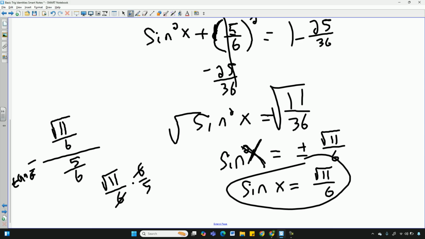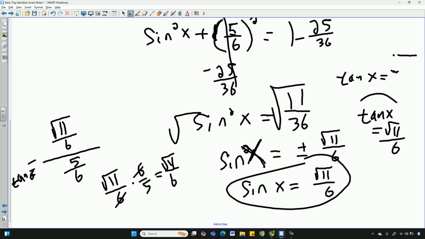Tangent is sine over cosine for those reasons. So now we have root 11 over 6. So tangent of x equals root 11 over 6.